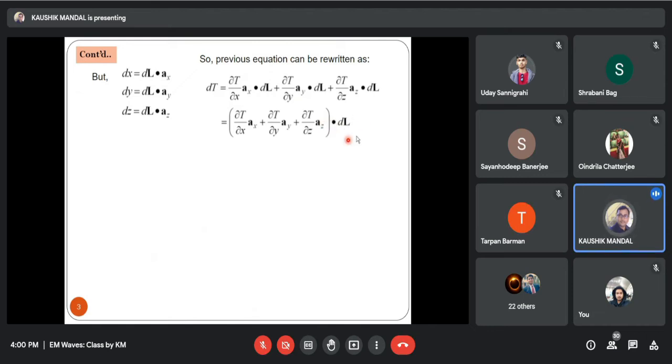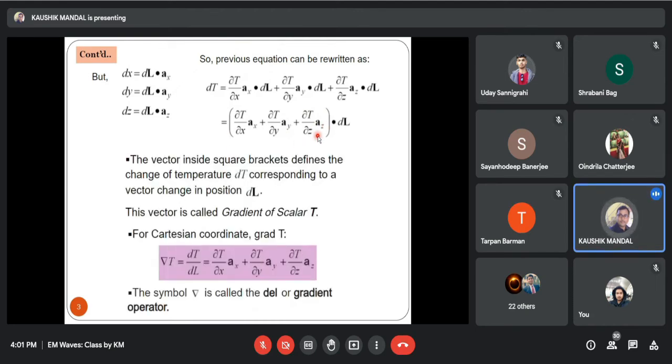Now if we come to this dl term, the differential length vector, then this equation we can rewrite in this form: del T del x into the corresponding unit vector, del T del y into the corresponding unit vector, del T del z into the corresponding unit vector. Now this part within this bracket is called the gradient.